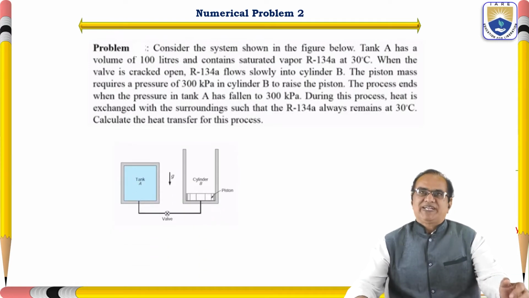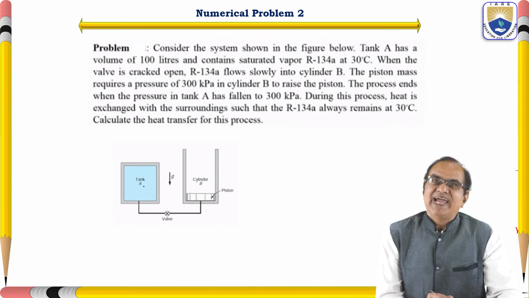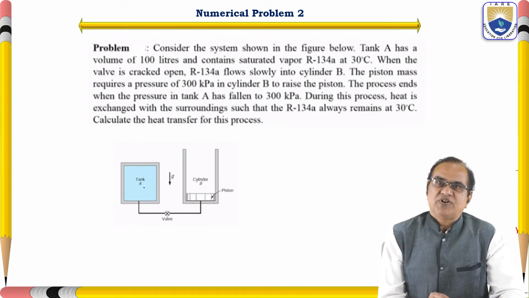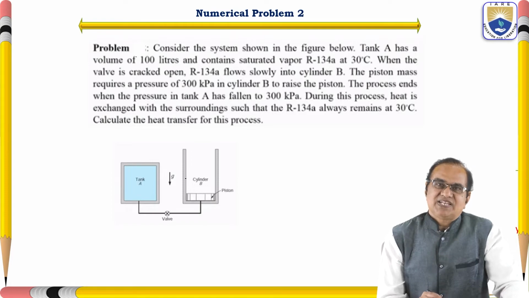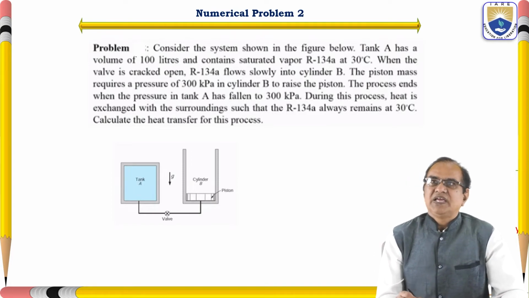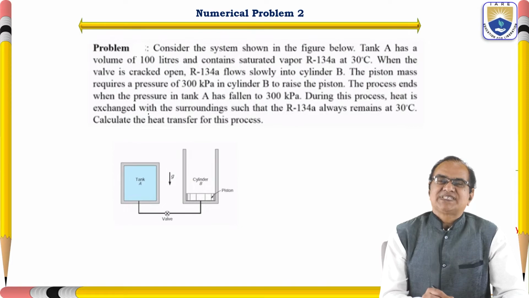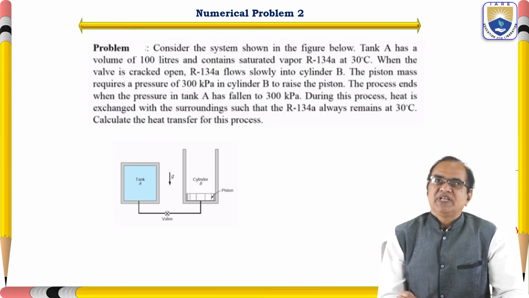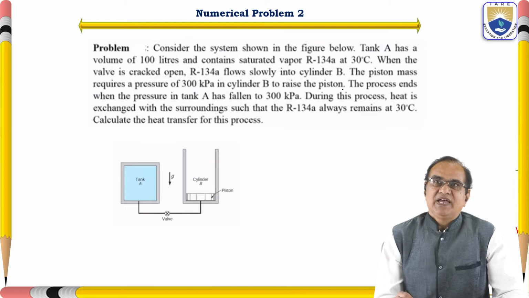So here we have a tank, and in the tank R134A is filled. The gravity direction is towards this. There is a cylinder and a piston. When the valve is cracked open, the piston mass requires a pressure of 300 kilopascal in cylinder B to raise the piston.